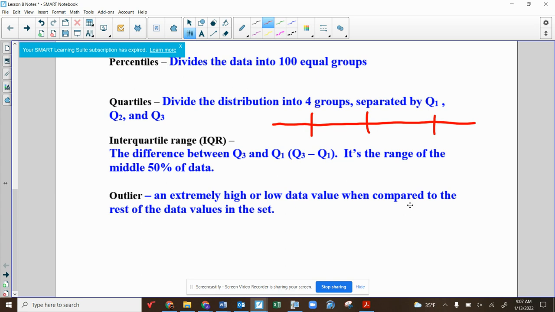And then we're going to use that to determine outliers. Outliers are extremely high or low data values when compared to the rest of the set. So if you have numbers 1, 2, 3, 4, and then 500, well, 500 doesn't really go with the other numbers. That would be considered an outlier. And how does that affect what's going on with your means and medians and all of those things?